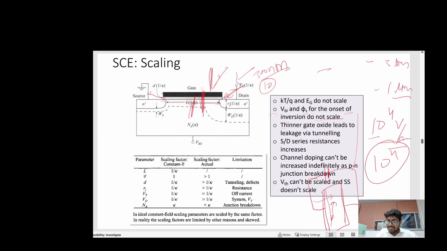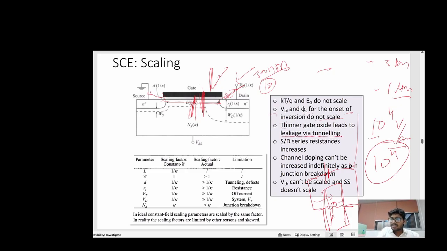If you decrease the thickness of this dielectric, there will be a current flowing through it. The current will flow; it won't withstand the higher voltages. So that is the gate leakage current, the leakage via tunneling.